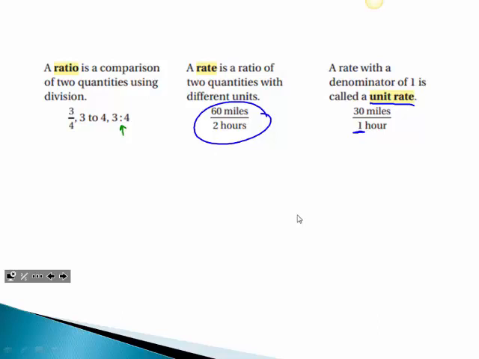Now, 60 miles over 2 hours is equal to 30 miles over 1 hour. If you notice, they just divided the top and the bottom by 2. But this one is a rate because it's comparing 2 different units, and there's not a 1 on the bottom. But on this one, there is a 1 on the bottom, so it's a unit rate. 30 miles over 1 hour. Okay? So those are 3 different vocabulary words, and they're similar, but also very different.